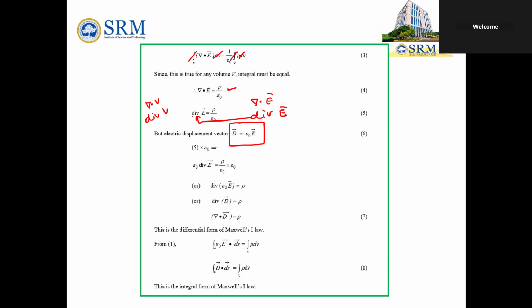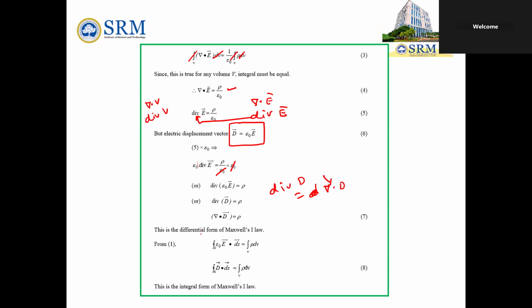The epsilon naught cancels on the right, so we get epsilon naught E in div E. What is epsilon naught E? That is D. Therefore, div D equals rho, which we write as del dot D equal to rho.